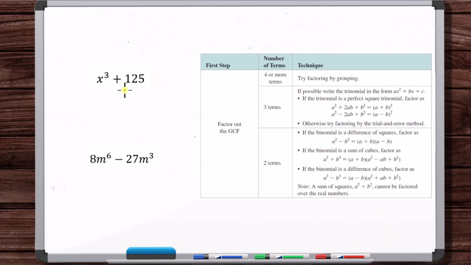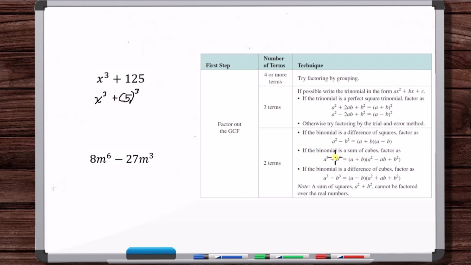Okay? So starting from scratch, you say, is there a greatest common factor? No. How many terms? 2 terms. So we're going to be using one of these formulas. Well, you see this cubed here, so you think it's going to be the difference or sum of cubes. Well, this is going to be the sum of cubes. So this has got to be something cubed. This is 5 cubed. So we've got x cubed plus 5 cubed, the sum of 2 cubes.